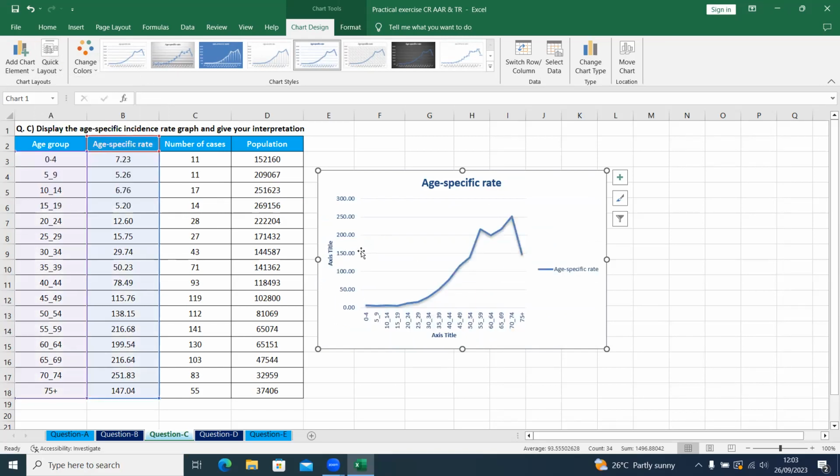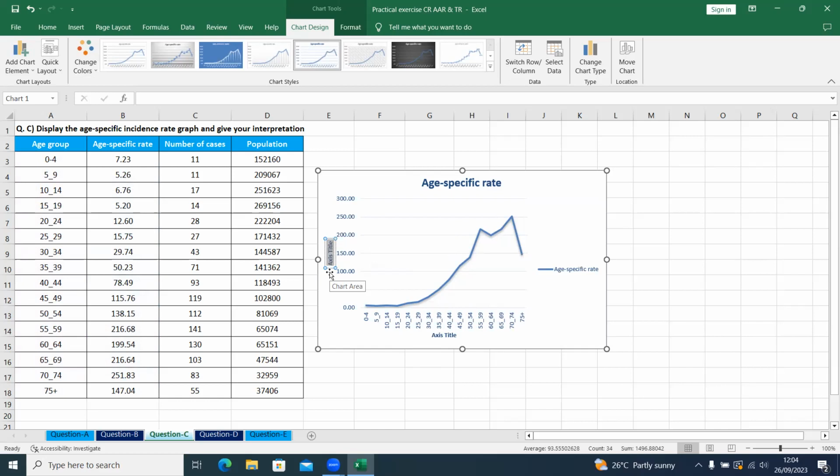Now I will modify this. Just click on that axis title. Select that axis title text, and type whatever that axis represents. This axis represents the values of age specific rate.